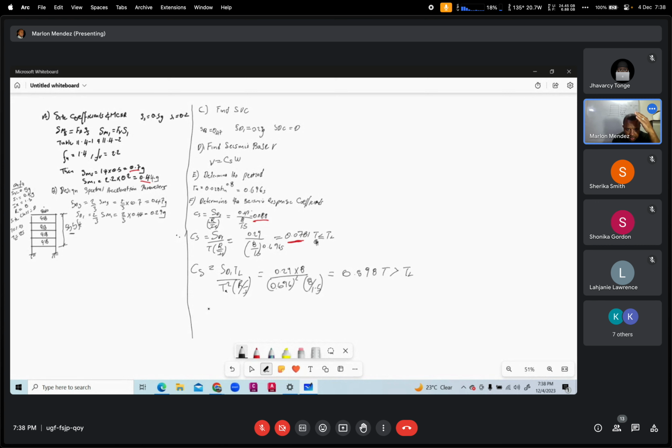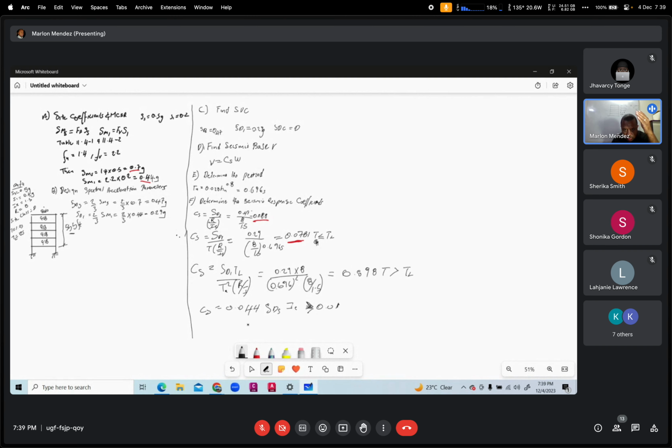The minimum here, which is Cs, is equal to 0.044 SDS times the importance factor, and this must be greater than or equal to 0.01.